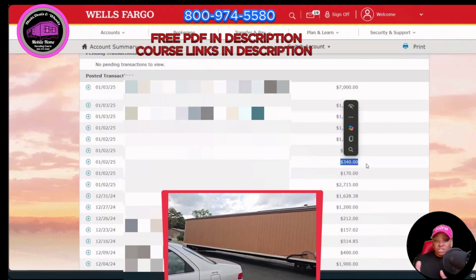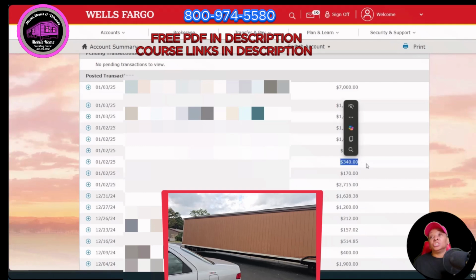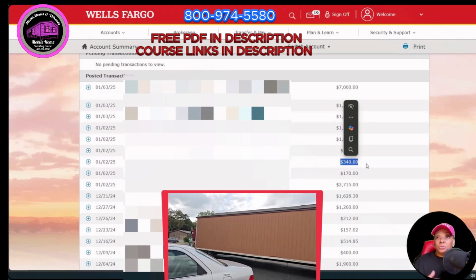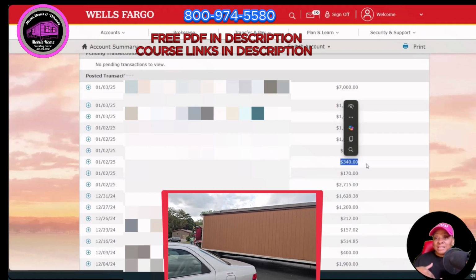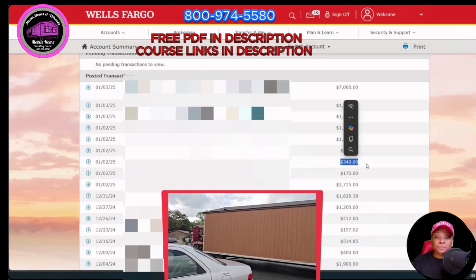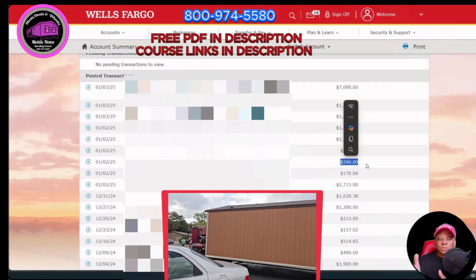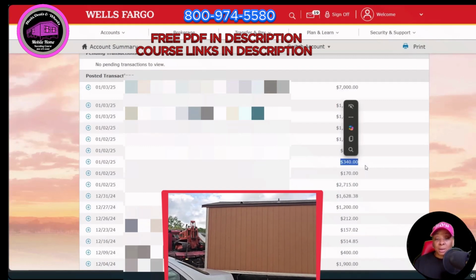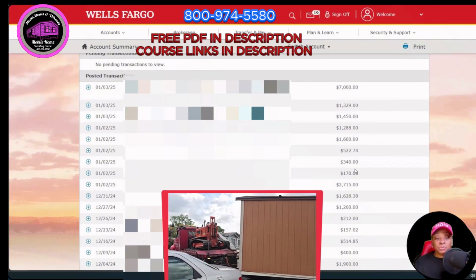So she not only is Section 8 paying us, she also has to pay us $340. Normally we have some tenants that are not even responsible for any money. So this particular individual is responsible for $340. That's what that dollar amount is all about. I'm keeping it real with you guys.